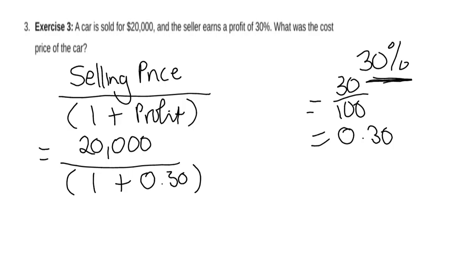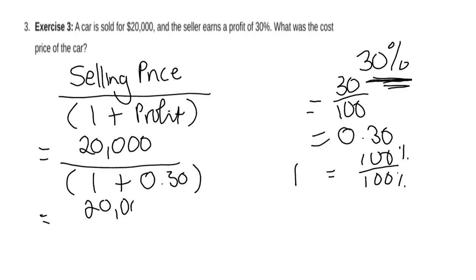And the reason why we say 1 is because the 1 represents 100 over 100%, so 100% of the cost. If you add 100% of the original cost plus your 30%, which is 0.30, you will get 20,000 over 1.30.